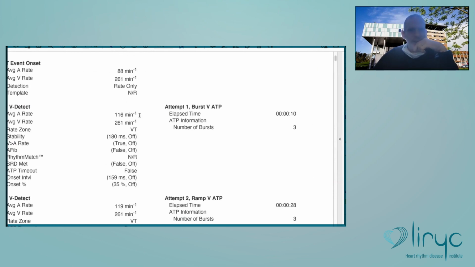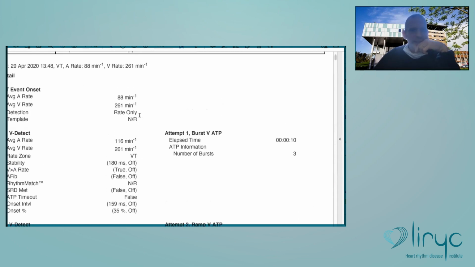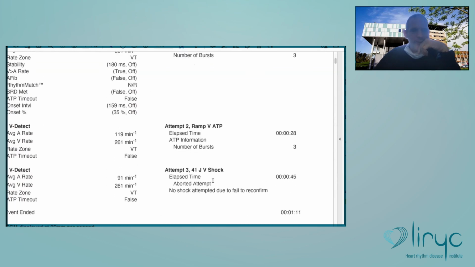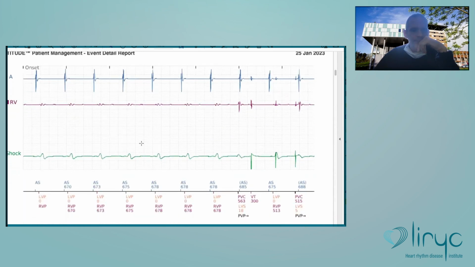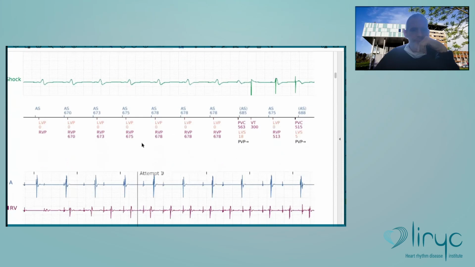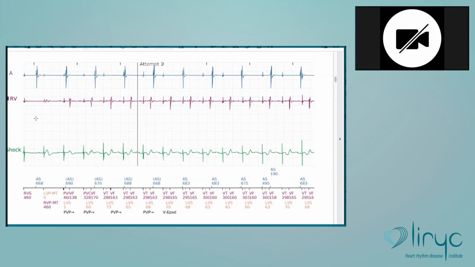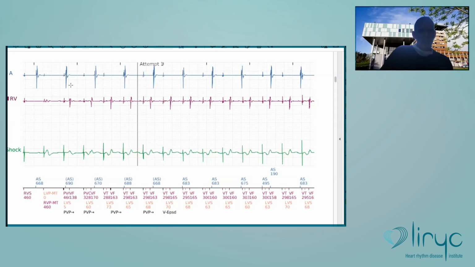What do you think of this one? So you see now burst, ramp, shock for an episode of VT. What do you think? So still a triple chamber ICD: atrial signals, right ventricular signals, bipolar, and then the shock.